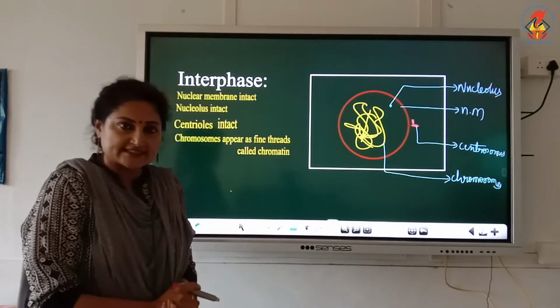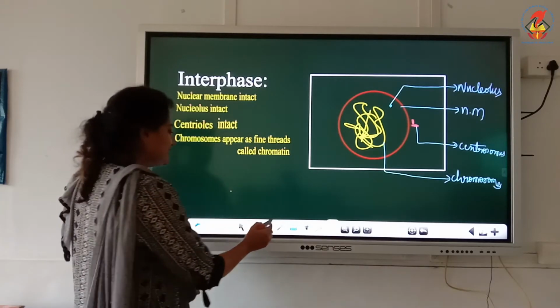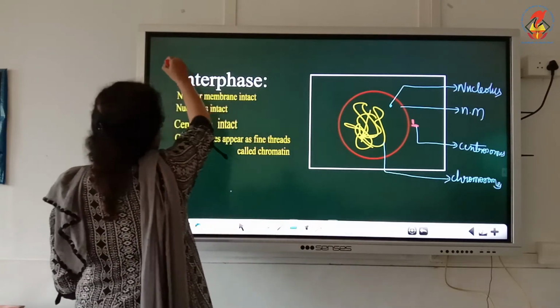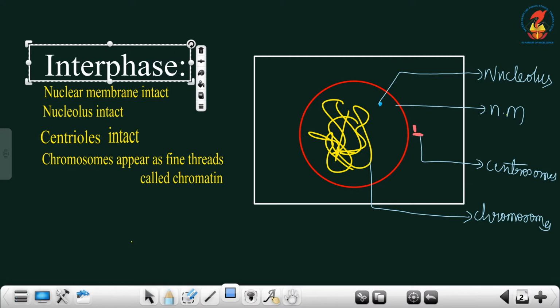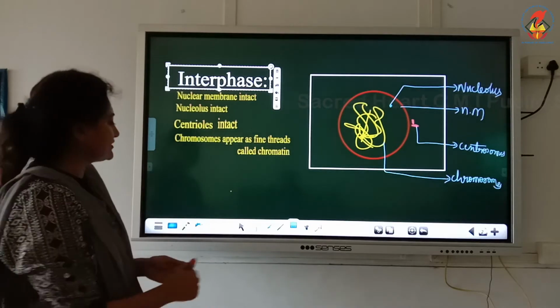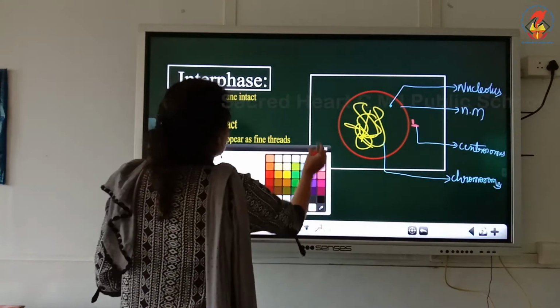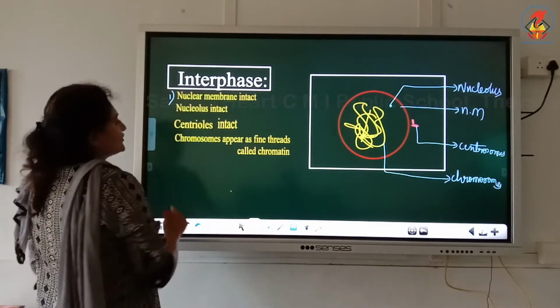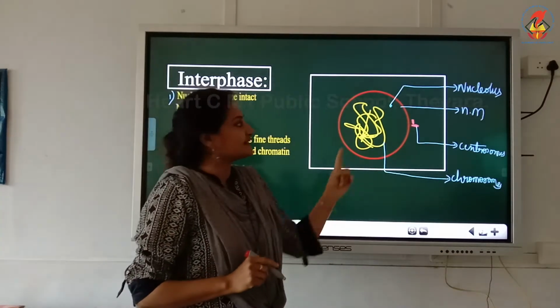So let's get started. The first phase is the interphase. To start off with mitosis or meiosis, we have to start with the initial resting stage called the interphase. Though it's called resting stage, it's the stage where the cell is getting prepared for cell division. The first point you have to emphasize is the nuclear membrane.